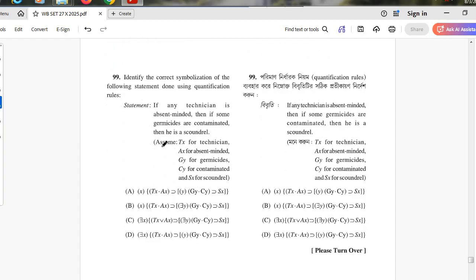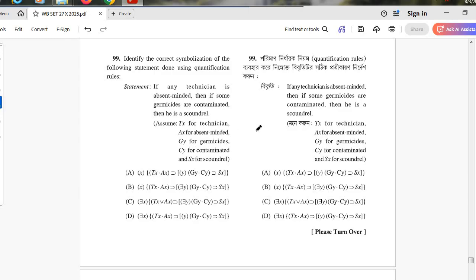Question 99: Identify the correct symbolization of the following statement using quantification rules. Statement: if any technician is absent-minded and some germicides are contaminated, then he is a scoundrel.